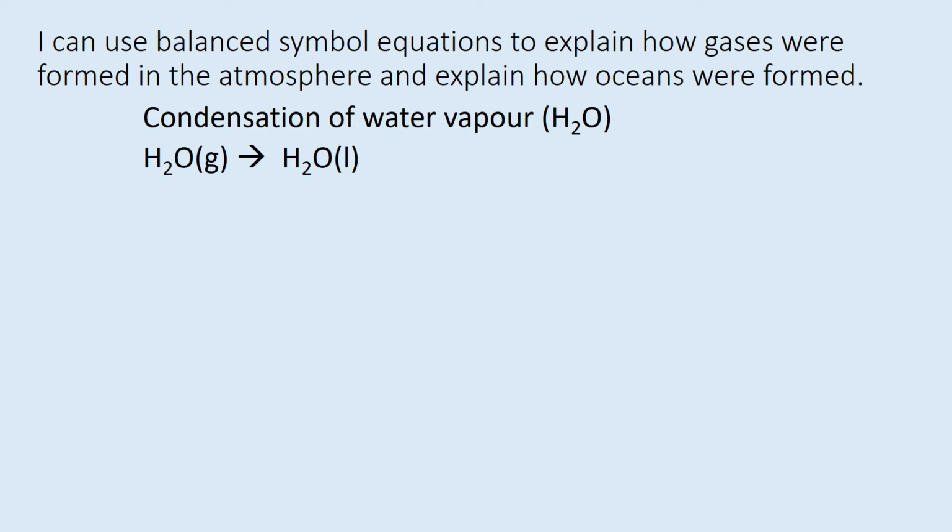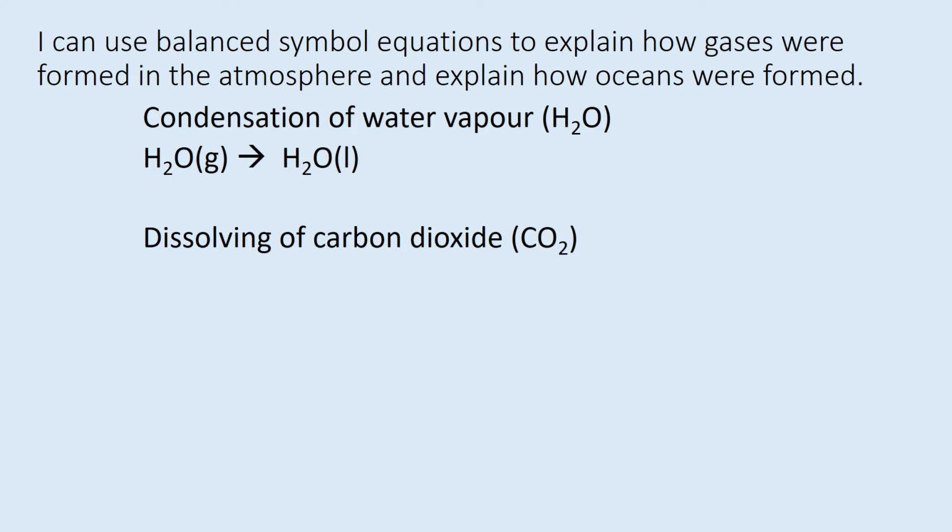Other things you're expected to know about is how CO2 reduced. Now there are a couple of ways, one of which was as soon as the oceans were formed due to the water vapor condensing, CO2 is soluble in water, so therefore it will dissolve. So I wonder if you could write down an equation similar to the one above, which shows carbon dioxide dissolving.